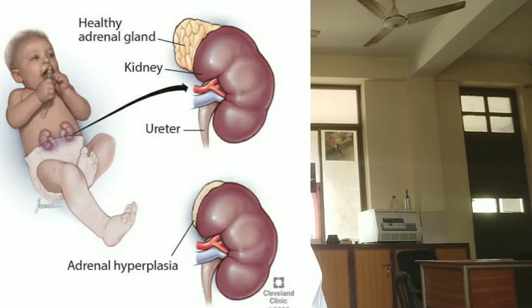So it may also affect the ACTH hormone level. Primary adrenal insufficiency: in this case, the adrenal gland fails to secrete a large amount of cortisol hormone. This will affect the ACTH level to get low in the blood.